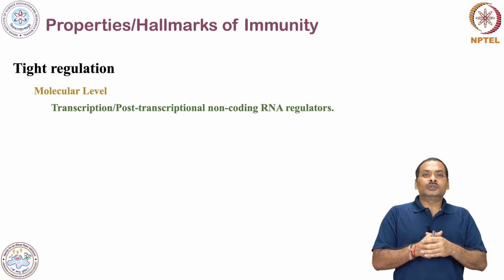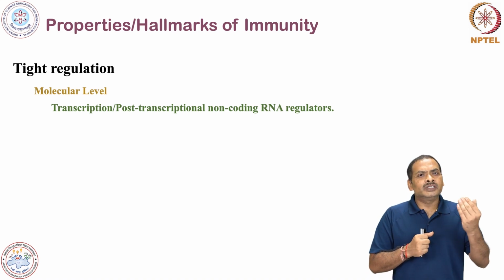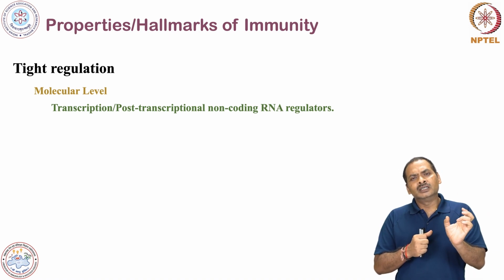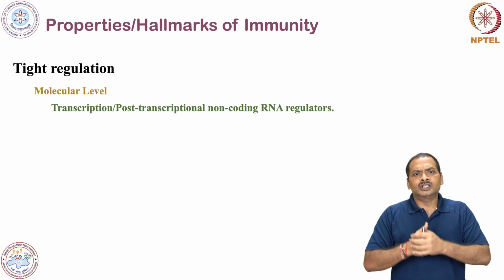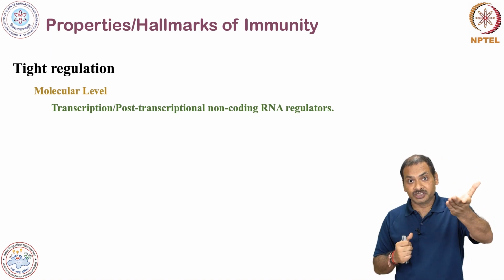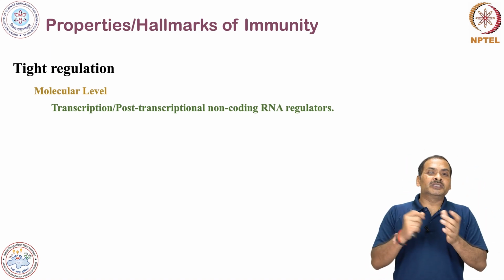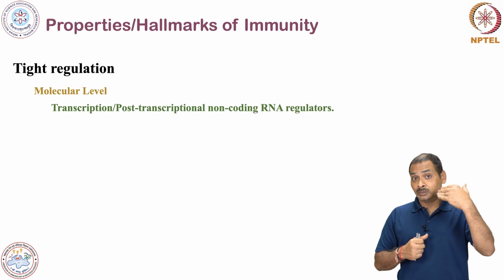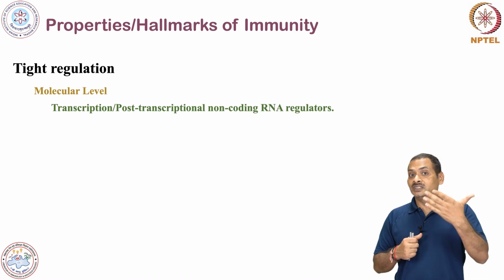This short RNA we generally call microRNA. These microRNAs work along with circular RNA, which is encoded by our genome, and they are involved in regulating the amount of transcript in the cell.